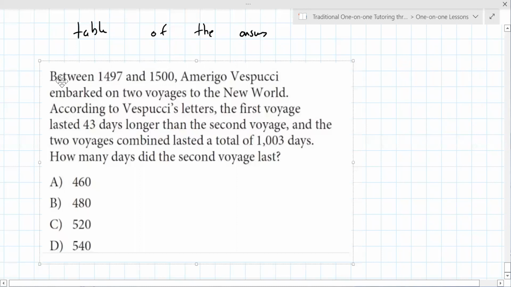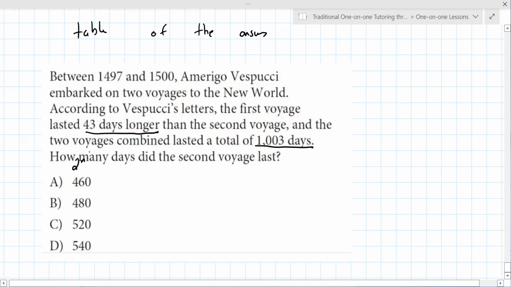So it says between 1497 and 1500, Amerigo Vespucci embarked on two voyages to the New World. According to his letters, the first voyage lasted 43 days longer than the second voyage, and the two voyages combined to 1,003 days. How many days did the second voyage last?